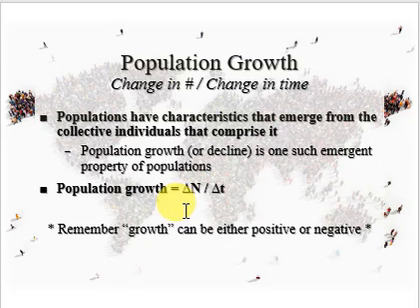Now, if no immigration or emigration is occurring, if we had a closed population that we were considering, then delta N over delta T is simply equivalent to births minus deaths. So the difference between the birth rate and the death rate per individual, we talked about this in the last lecture, that is called the per capita rate of increase, which is little r. So little r per individual is equal to delta N over delta T.